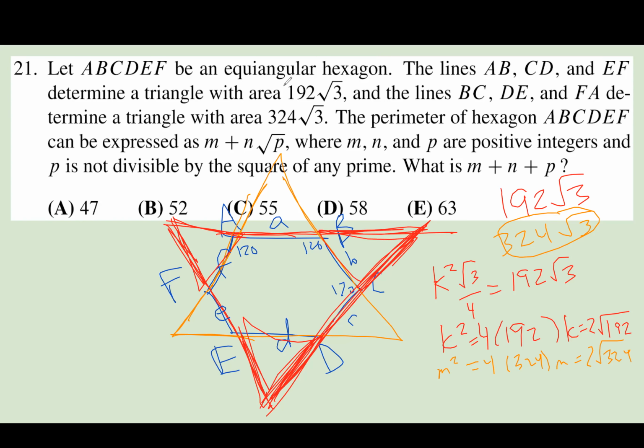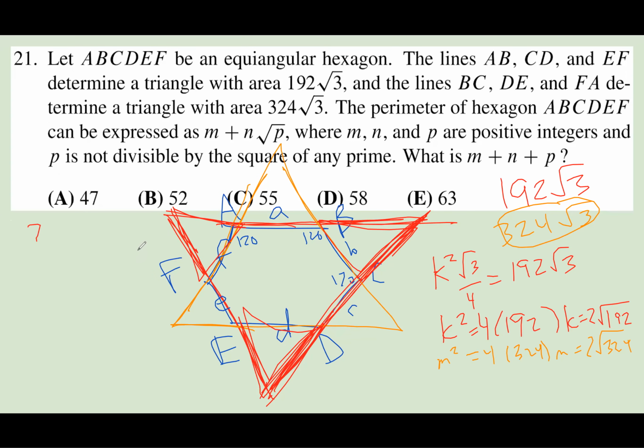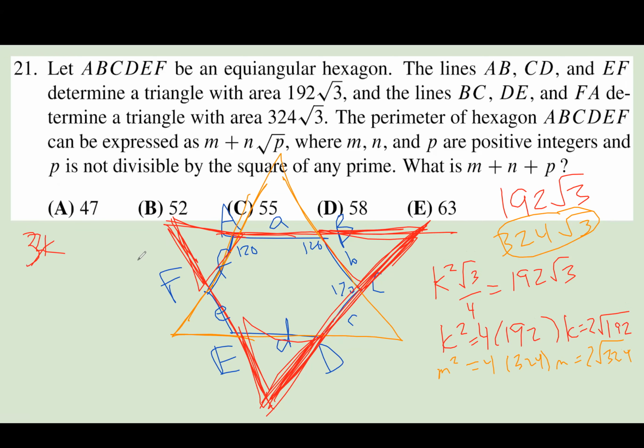So basically, if we take, for example, for K, we can say that 3K, which would be the perimeter of the red triangle, minus, now, again, notice how if this line is B, this is B, this is B. So we'd want to subtract 2B, right?